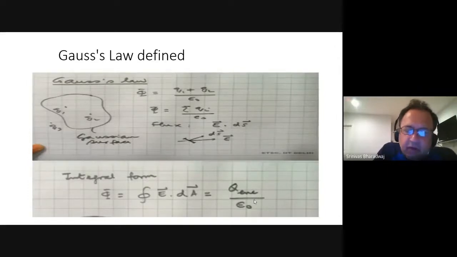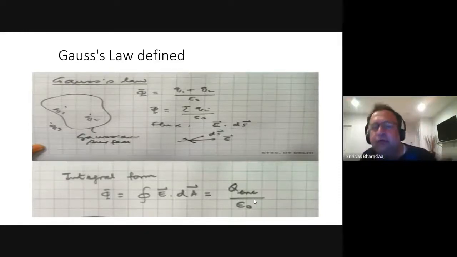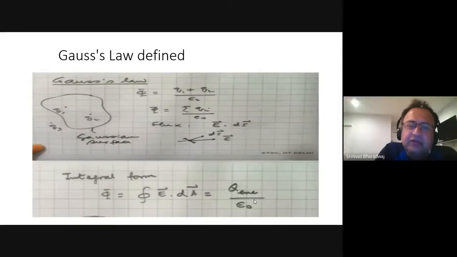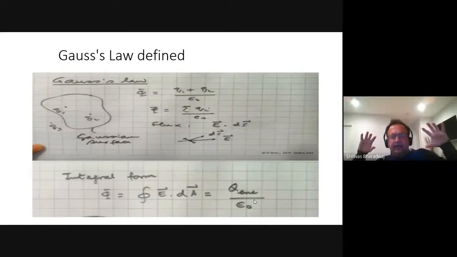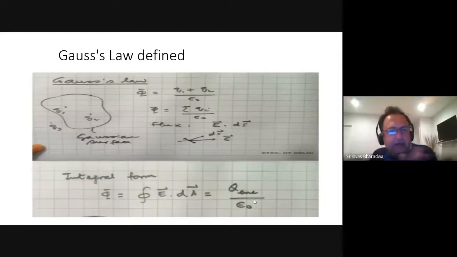The closed integral of E dot dA is called flux, the total flux. E is a vector, ds is another vector, and the dot product of two vectors is a scalar, so flux is a scalar. Think of it like rays or water or some kind of flow. Flux is a kind of flow.